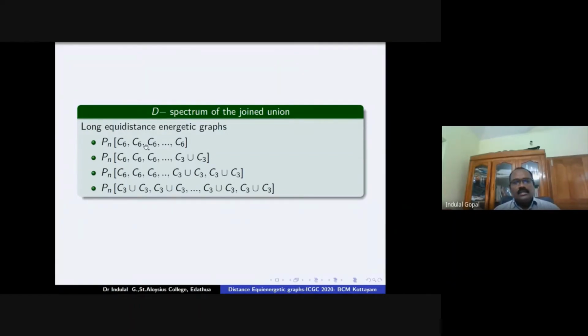Pn[C6, C6, etc. C6], and each C6 is then replaced by C3 union C3. And if you consider any other cycles as C8, then C3, C5, C4, C4, all such combinations can be used to get equi-distance energetic graphs.